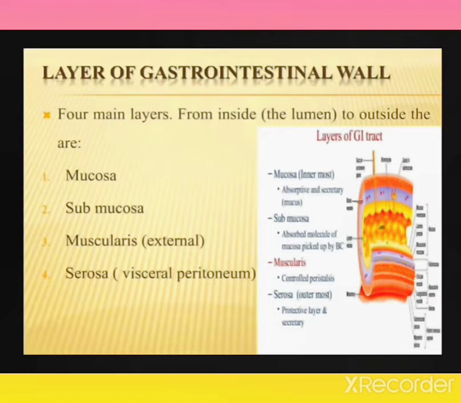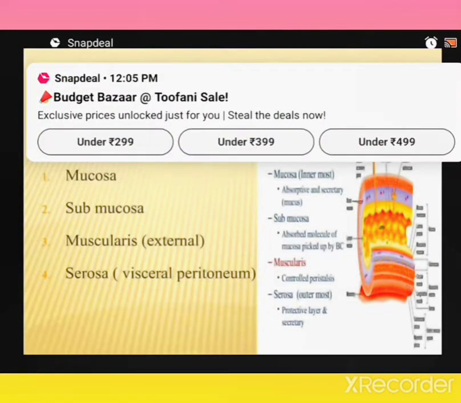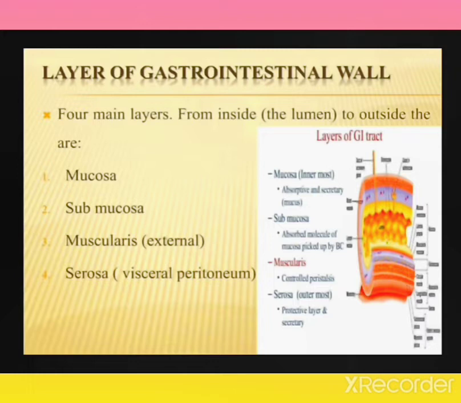From the inside, the hollow space is what is called the lumen. From the inside to the outside, the GI tract is made up of different layers, namely mucosa, followed by submucosa, followed by muscularis or external muscularis or muscularis externa as we call it, and the serosa, which forms the visceral peritoneum.